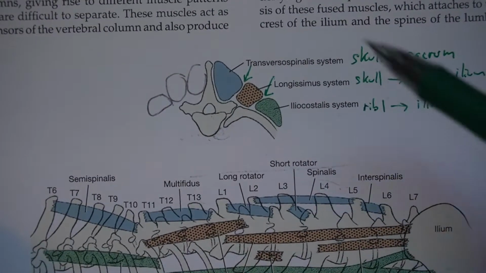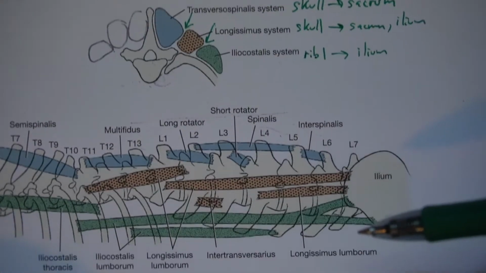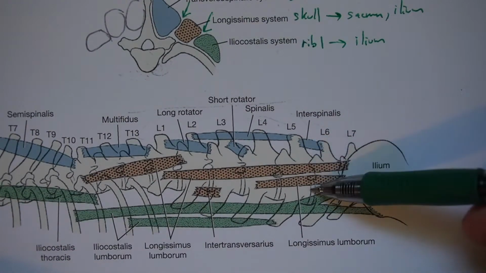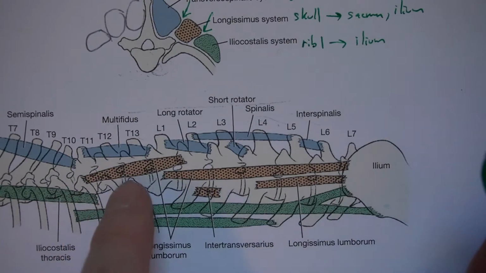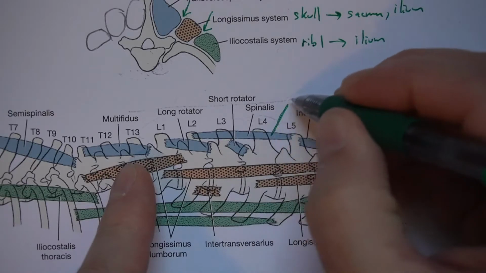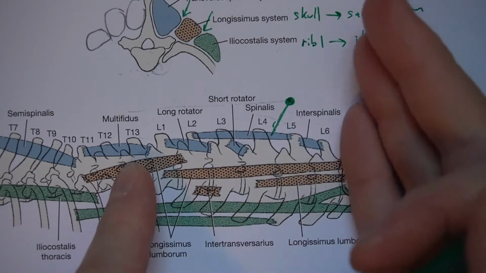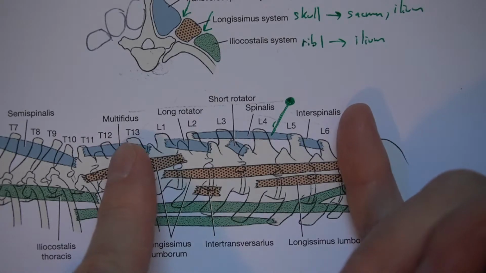And so what we will do is when you dissect, you're going to look for these three systems. So when you find the three systems back here in our lumbar region, the last rib is here, so here's our lumbar region. If I have a pin sitting in the transversus spinalis part, right there in the lumbar region, and I say identify, your answer is going to be transversus spinalis system, lumbar part.